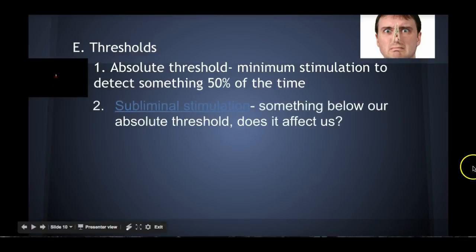Now, within this, you can also talk about subliminal stimulation. So anything that's below your absolute threshold is this subliminal message idea, right? So the question is, do subliminal messages actually affect us? Subliminal messages are going to be these hidden things, and advertisers use them a lot, as well as, for example, actual business owners.